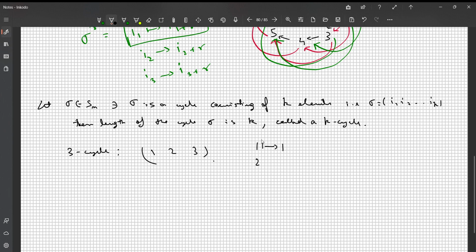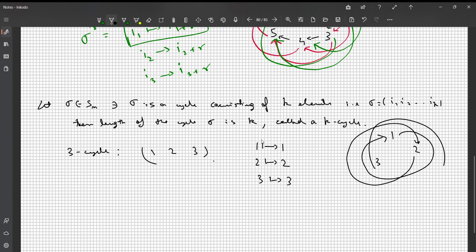Now consider this example. Suppose you have a 3-cycle, the obvious example (1 2 3). Observe that to bring 1 back to 1, 2 back to 2, and 3 back to 3, you need a complete cycle.